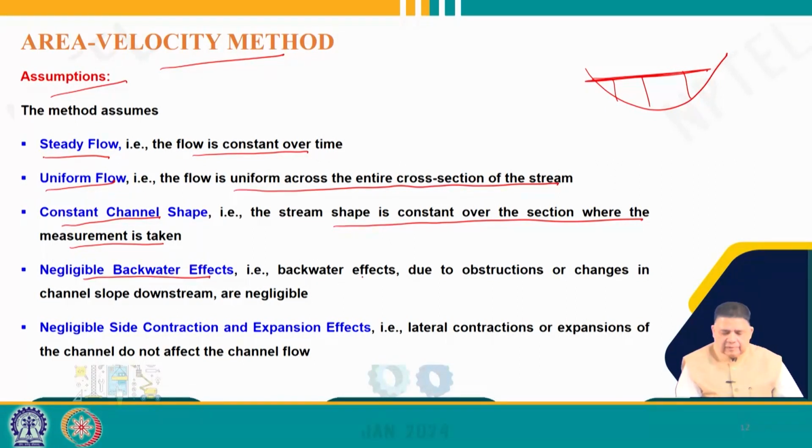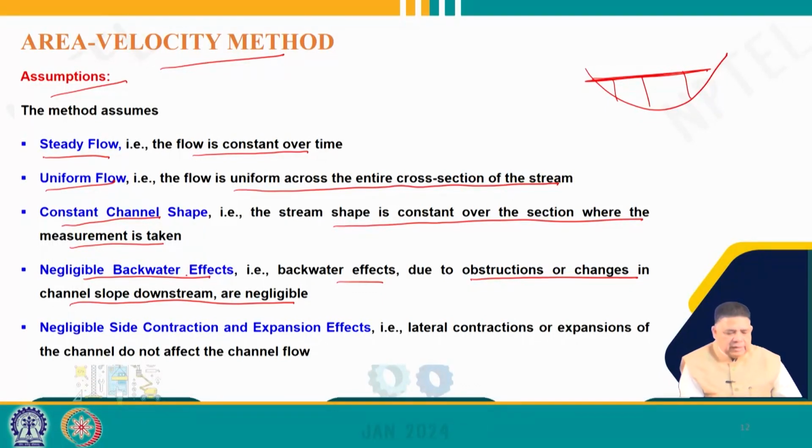Negligible backwater effect, that is, backwater effects due to obstruction or changes in channel slope downstream are negligible. That is why, if there is, say, a dam or some kind of obstruction just downstream or upstream, then obviously the flow patterns will be very different at a given cross section.